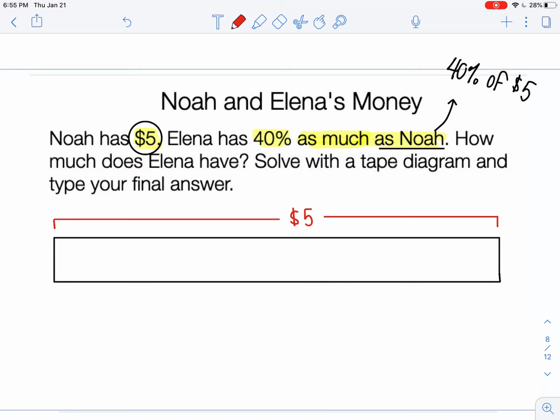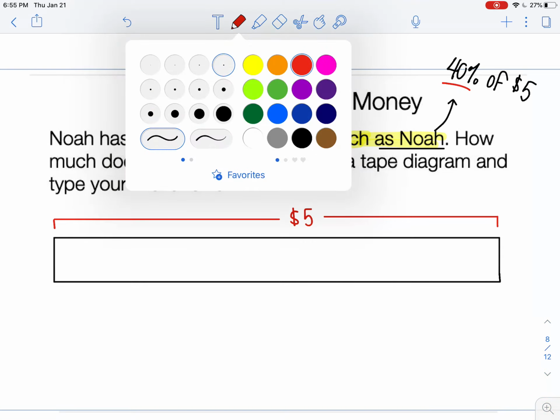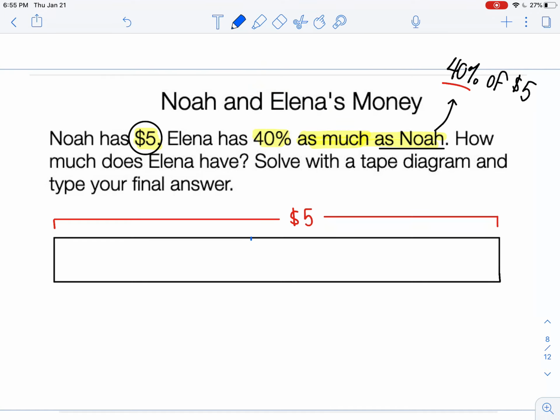So much like a double number line, I want to think about how I can split up my tape diagram in a way that will illustrate 40%. Now, what immediately comes to mind is that 40% is about half, but a little bit less than half of this tape diagram. So I'm going to go ahead and draw 40%.